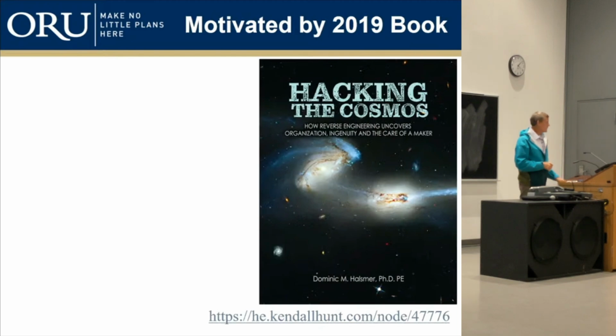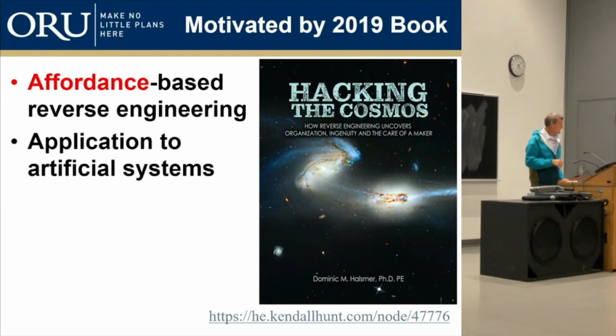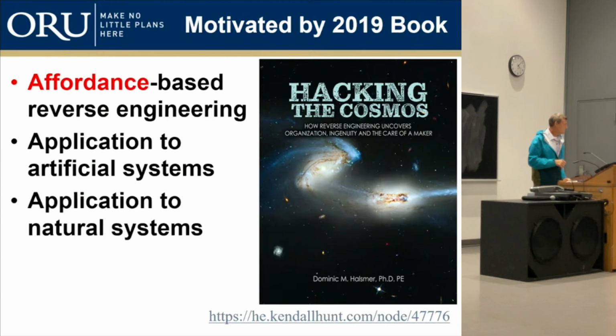You might know that I wrote a book in 2019 called Hacking the Cosmos, and so this is kind of an extension of that work. The subtitle there is How Reverse Engineering Uncovers Organization, Ingenuity, and the Care of a Maker. It looks at affordance-based reverse engineering of both artificial and natural systems, and affordances are simply relationships that provide an end user with some potential action.